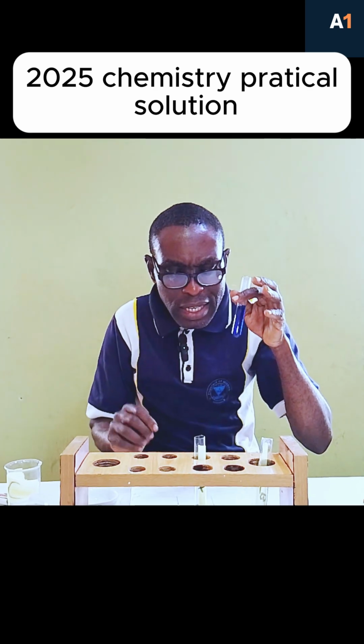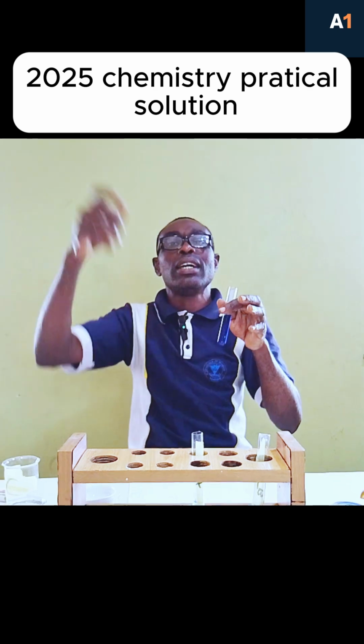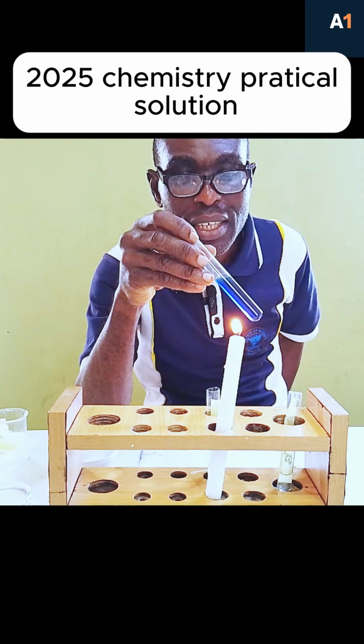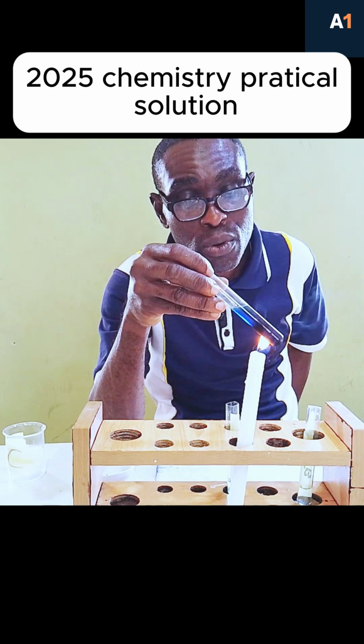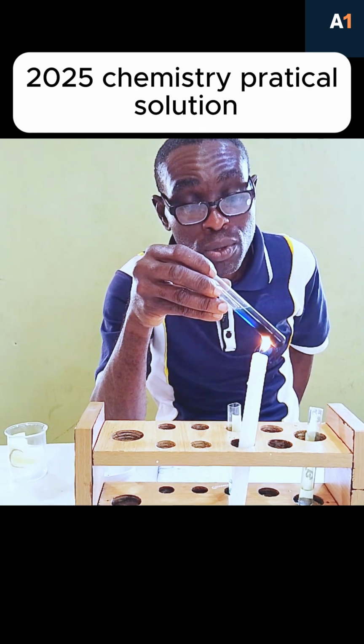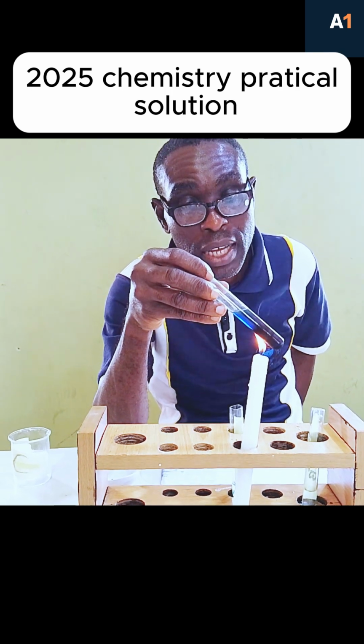Now after you have added A and B, you are asked to heat. Let's heat it now. You can see, I'm heating it now. For those that are going for lab tech, this is what they are doing, testing glucose in your body like this.